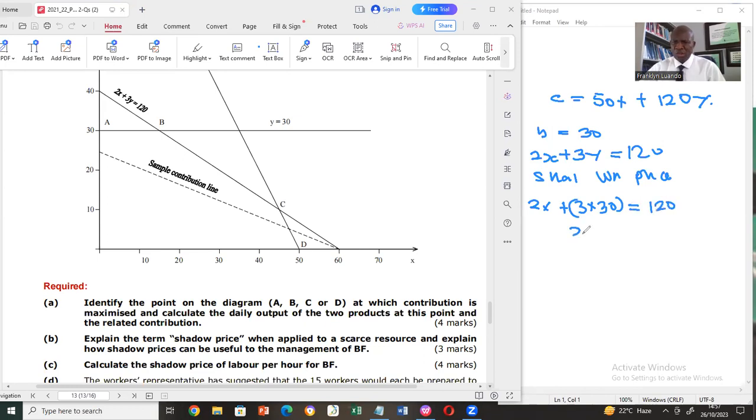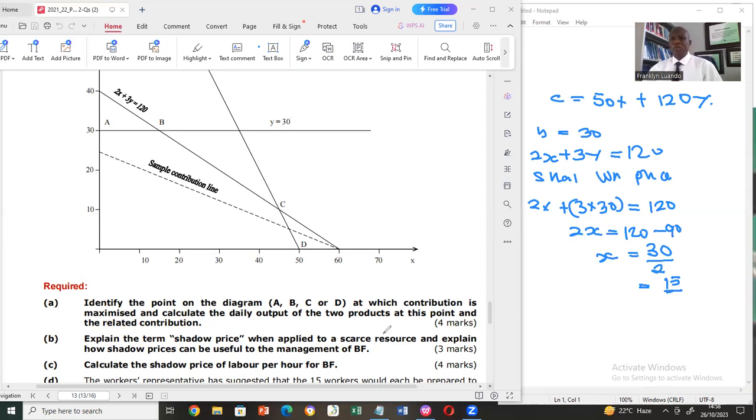So 2x is equal to 120 less 90, then x is equal to 30 divided by 2. x is equal to 15.